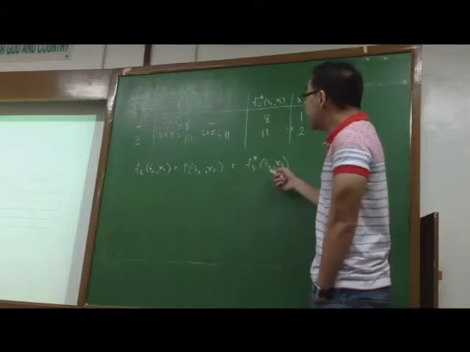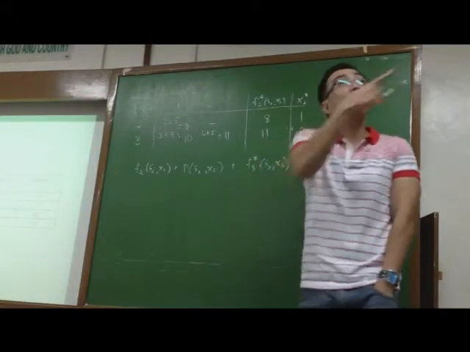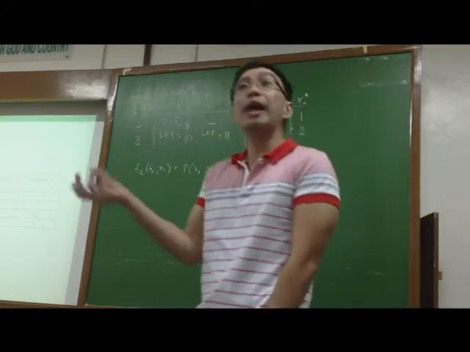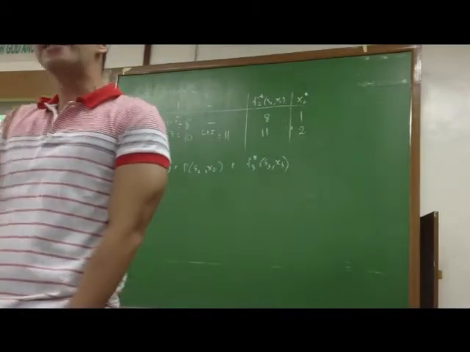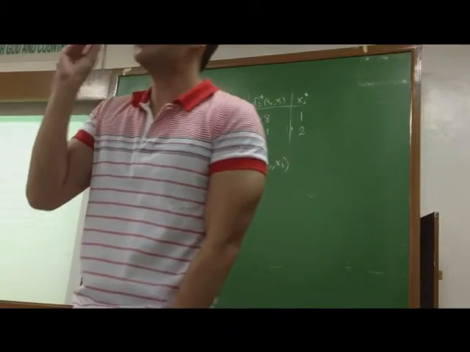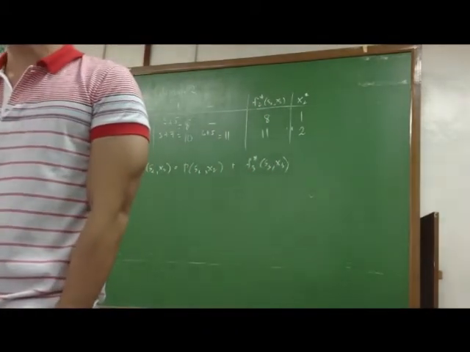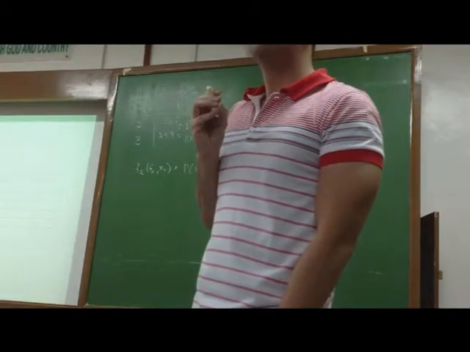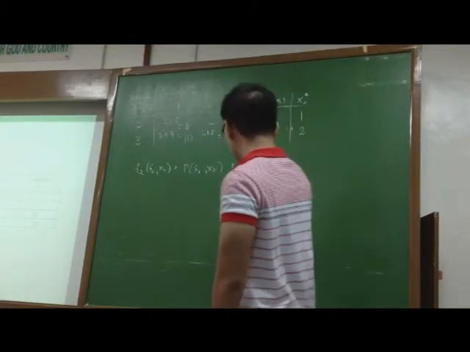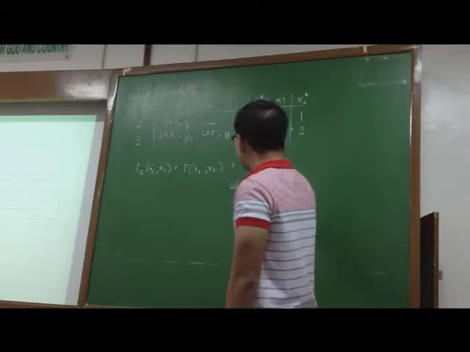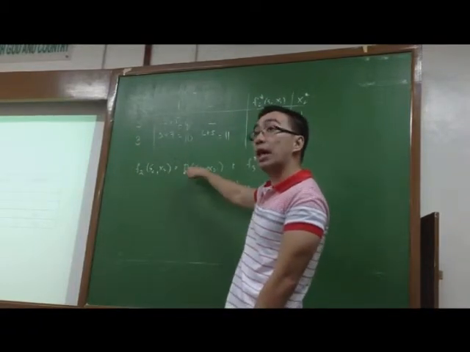Okay? Kaya lang, class, tandaan natin, dalawang F3 asterisk ang nasa table. So which of the F3 asterisk ang gagamitin ko? Depending on the value of what? S3. Di ba? And what is S3 equal to? Tandaan natin class, lahat ito in terms of S2 tsaka X2.